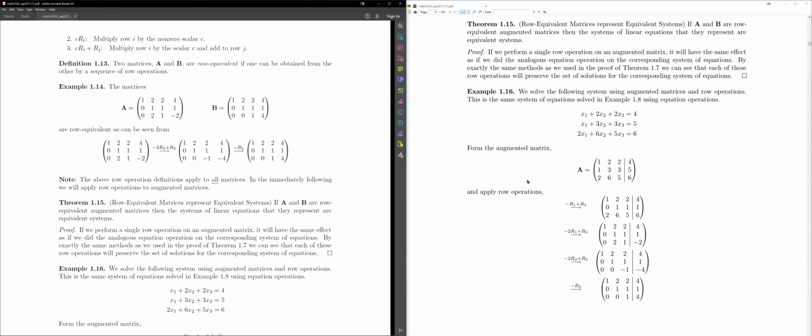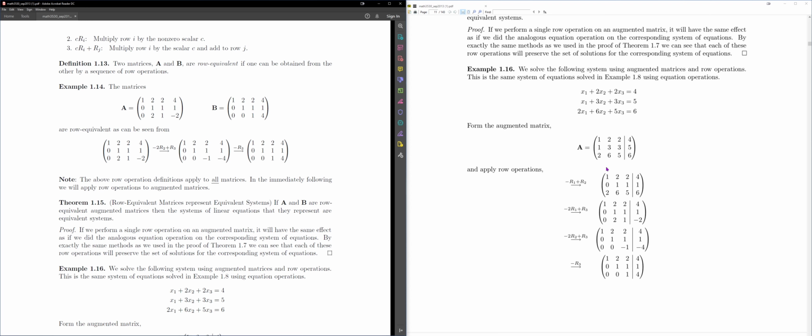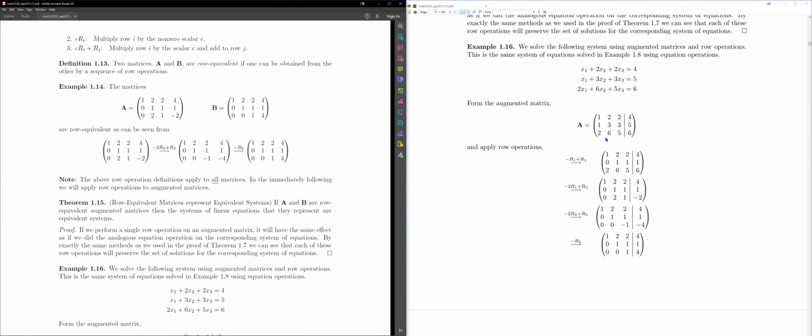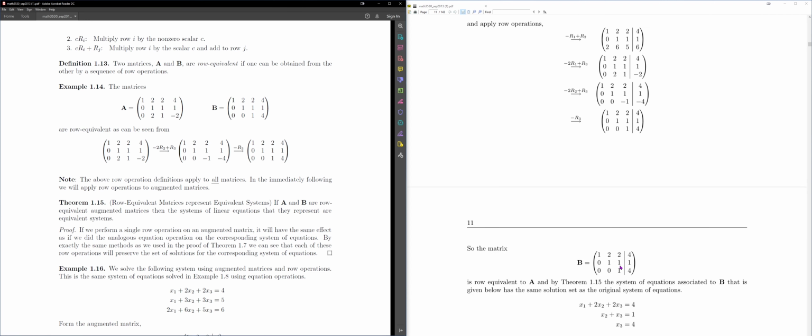This is a system over here, and this is the augmented matrix that represents it. What you could do is apply row operations to this augmented matrix until you get it into this sort of triangular form.